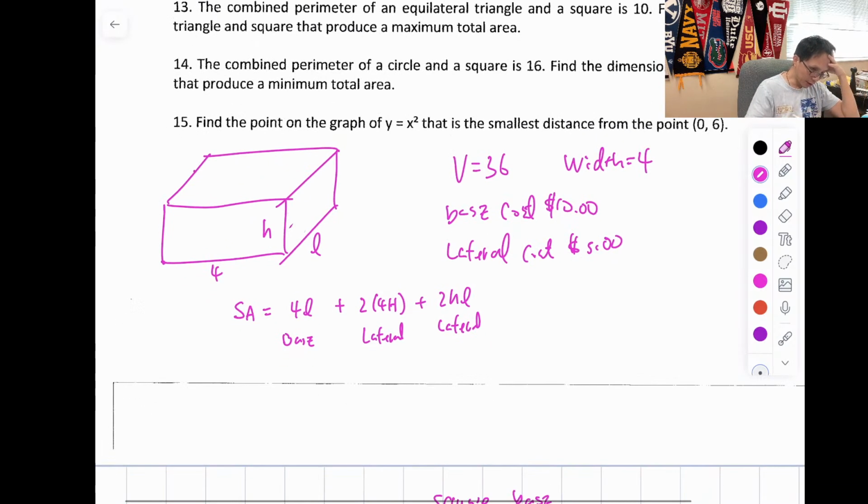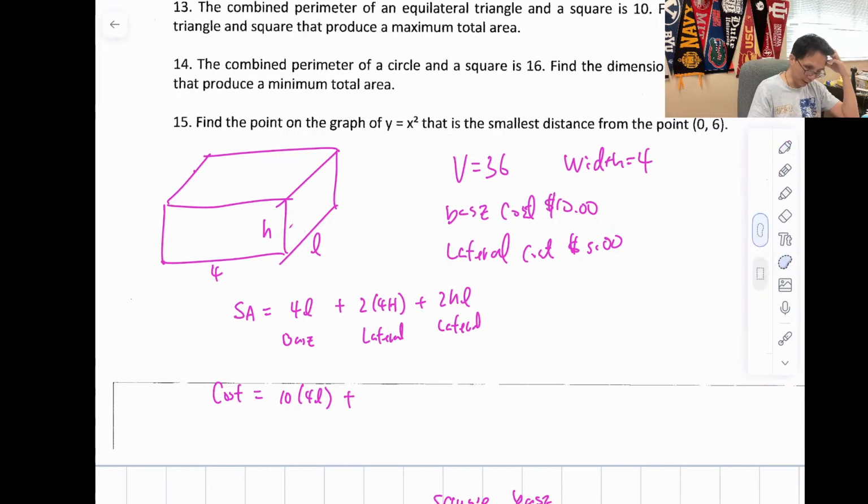Now the cost is going to be different, so we're going to build a cost equation. The base is going to cost $10, so it'll be $10 times 4L. Does that make sense? Plus, the lateral is going to be $5. I'm going to use a different color so you can see it.